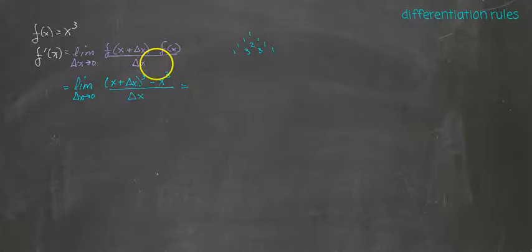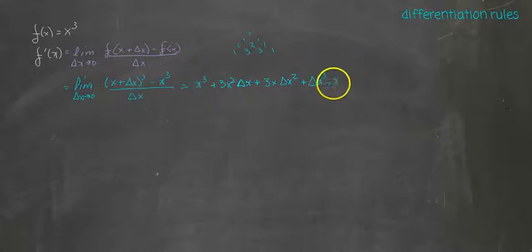So a is x. I have 1 times x cubed plus 3 times x squared delta x plus 3 times x delta x squared plus delta x cubed. Then I have my minus x cubed all over delta x.